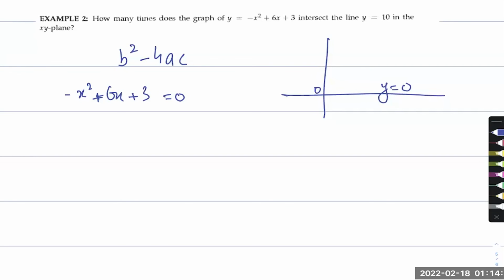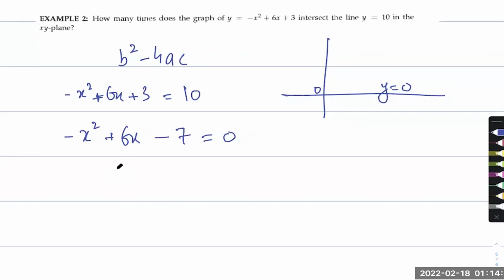Why? Because this is y equal to 0. If I don't put y equal to 0 and put it as 10, then it will tell me whether it meets the line y equal to 10 or not.